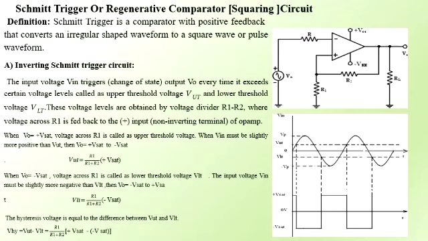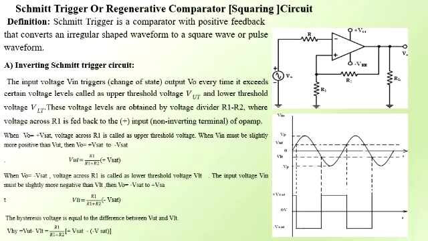These voltage levels are obtained by this voltage divider, R1 divided by R1 plus R2.